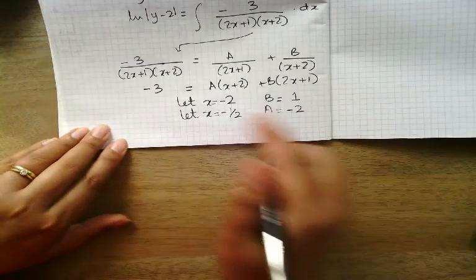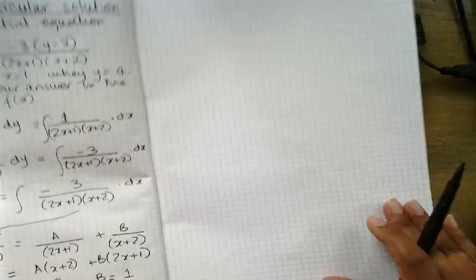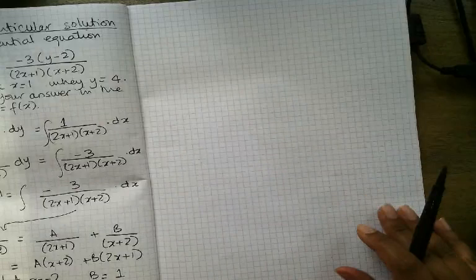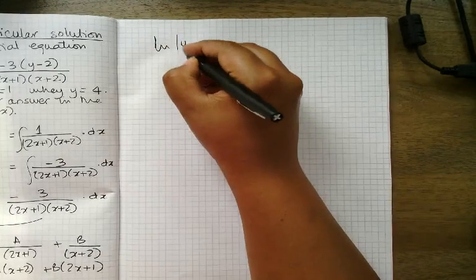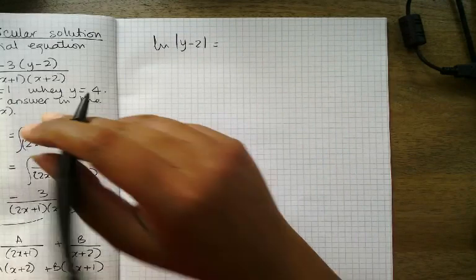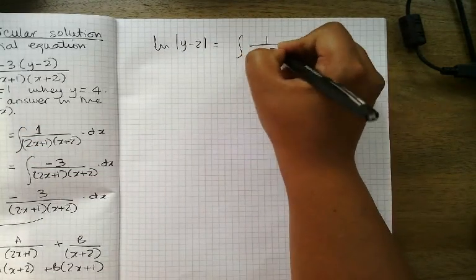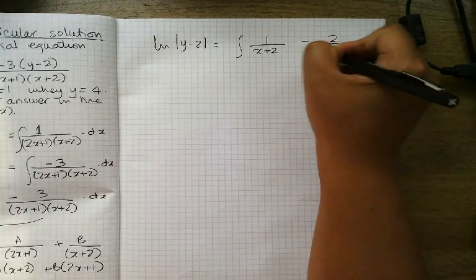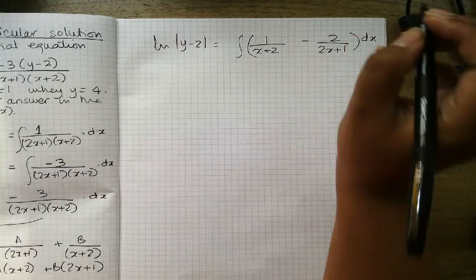Once we've split that up, I am going to go on the other side of my page. So now I've got ln(y minus 2) equals, and then this split up is 1 over (x plus 2) minus 2 over (2x plus 1) dx.